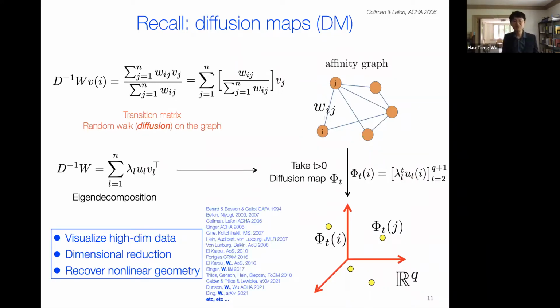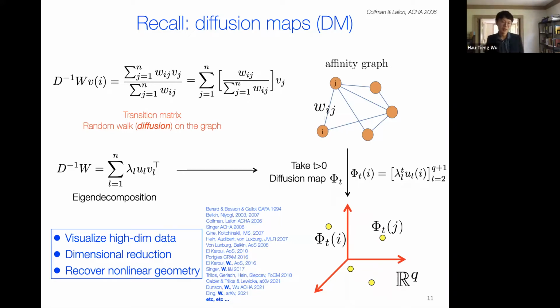It has several applications for sure, and has been applied quite broadly. At least I personally use it a lot. For example, it can help you to visualize high-dimensional data, dimension reduction, or recover linear geometry. And one special case is spectral clustering, which you can understand from a manifold setup or non-manifold setup.